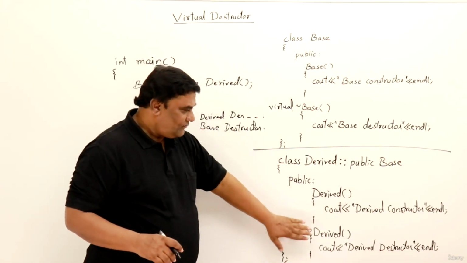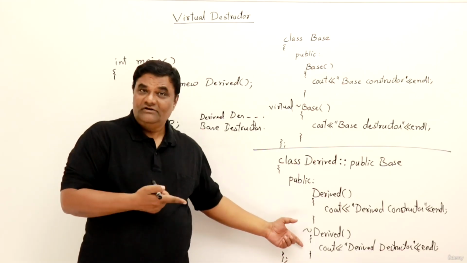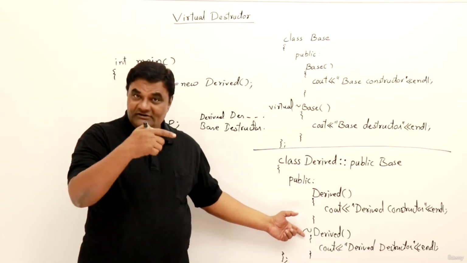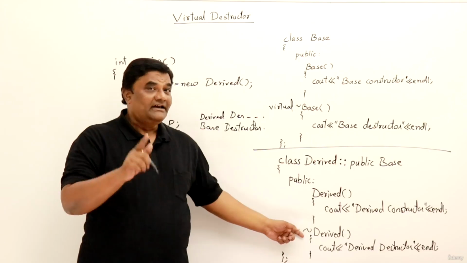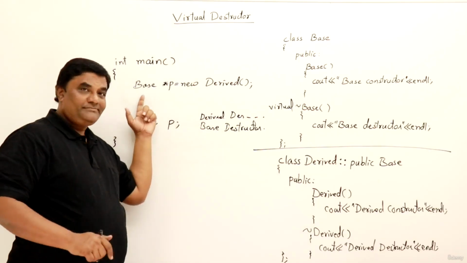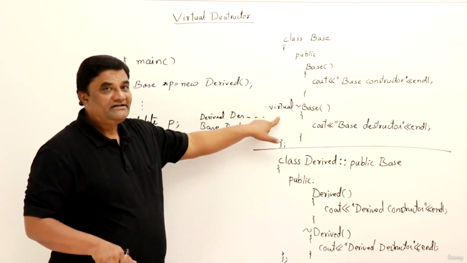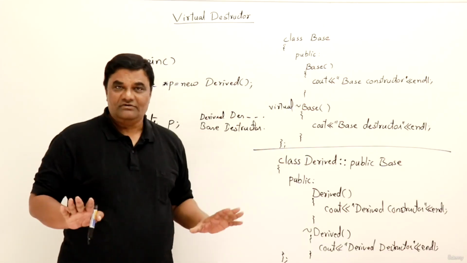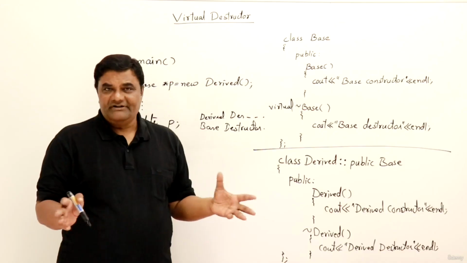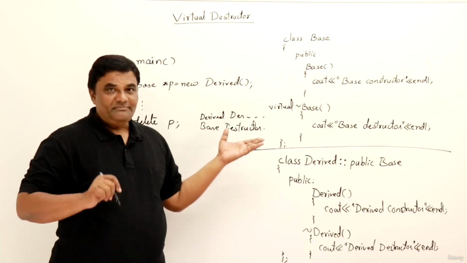But the resources acquired by the derived class code will not be released because that destructor will not execute. So this must also execute. So if there is a chance in your program that you will be using a base class pointer and a derived class object, then you must make it virtual, then it will be perfect code. Otherwise it may not be perfect, because the destructors are not called properly.